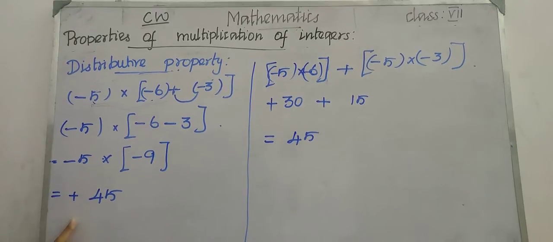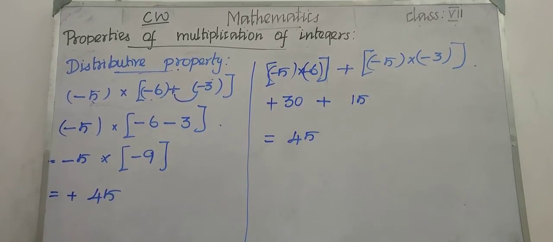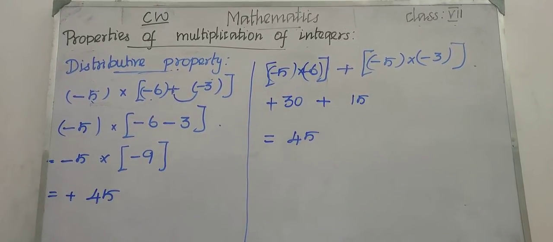See, we got the same answers, right? So we can say multiplication of integers holds the distributive property. This is the distributive property of multiplication over addition. We are just adding, right?